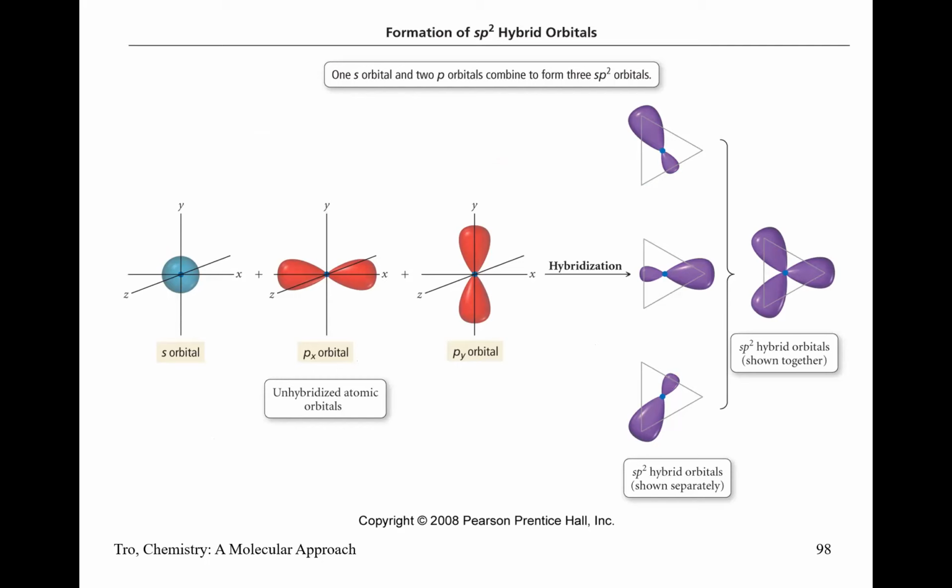Just like we did for the sp3, this one here is the sp2. So we mix one s, two p's, and we get that trigonal planar, three electron groups around the surrounding atom. Then it just depends on what atom it's attached to.